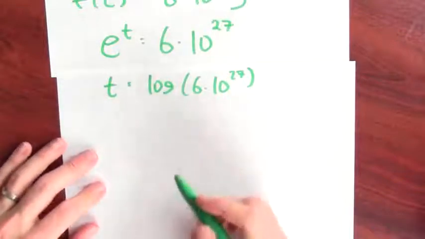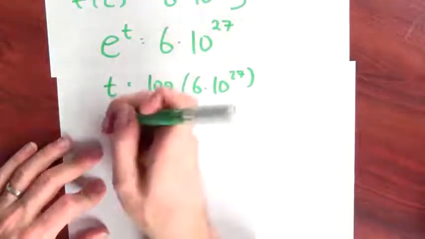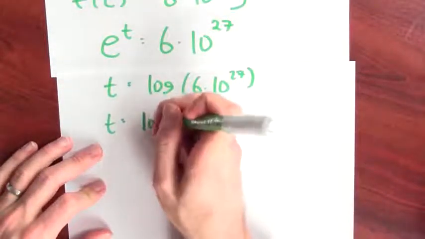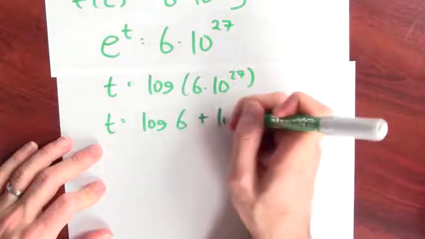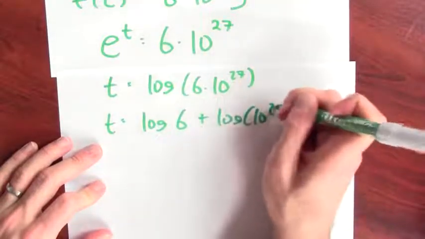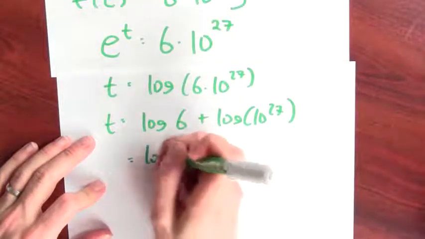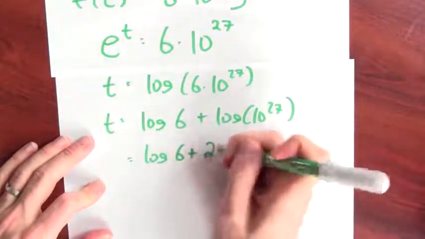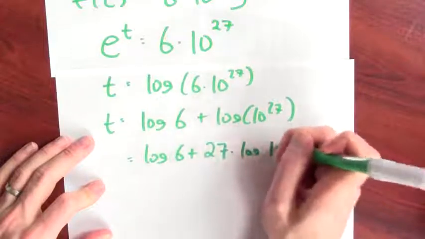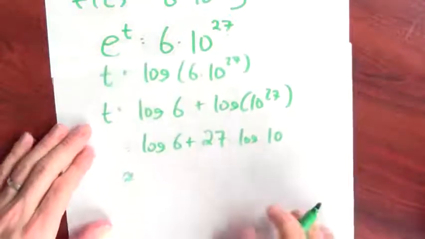I'm looking for t equals log of 6 times 10 to the 27th. This is natural log. And this is log of a product, which is the sum of the logs. So it's log of 6 plus log of 10 to the 27th. Now this is log of something to a power. So that's log of 6 plus 27 times log of 10. And I can approximate these.